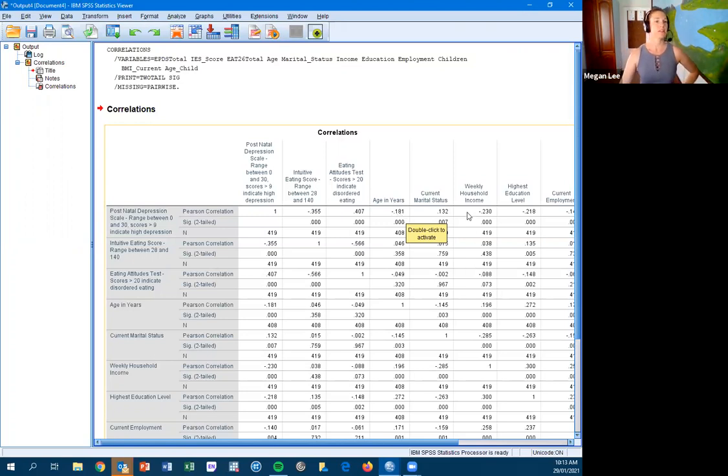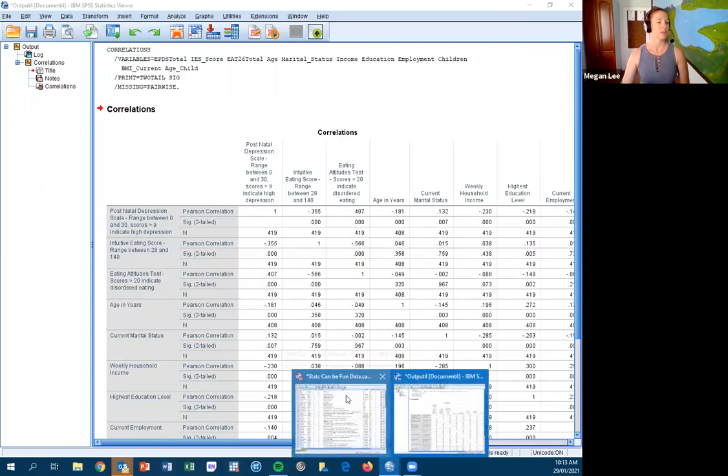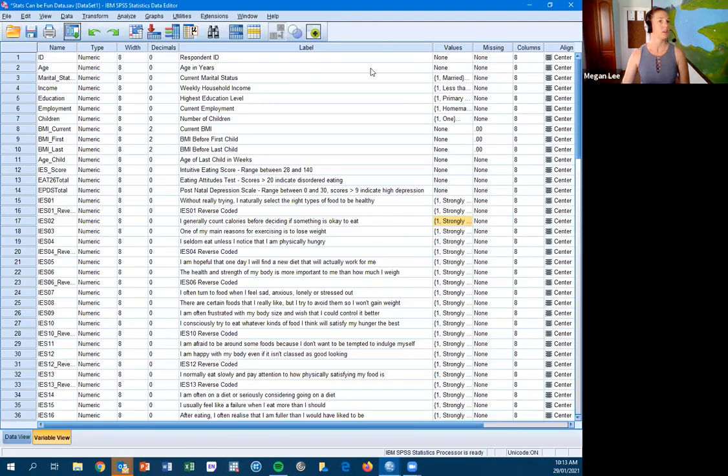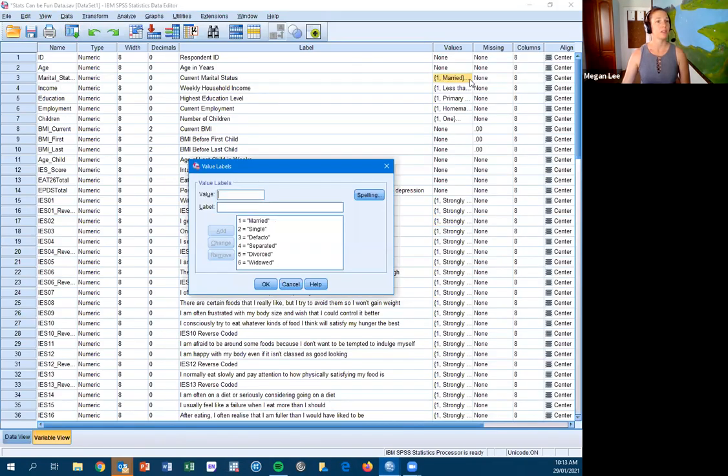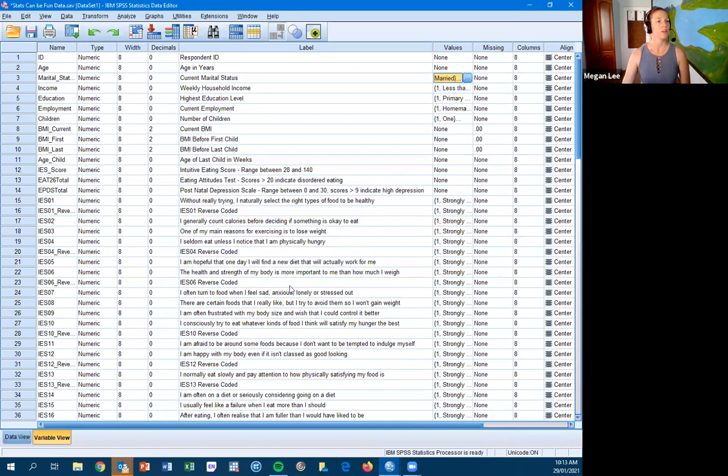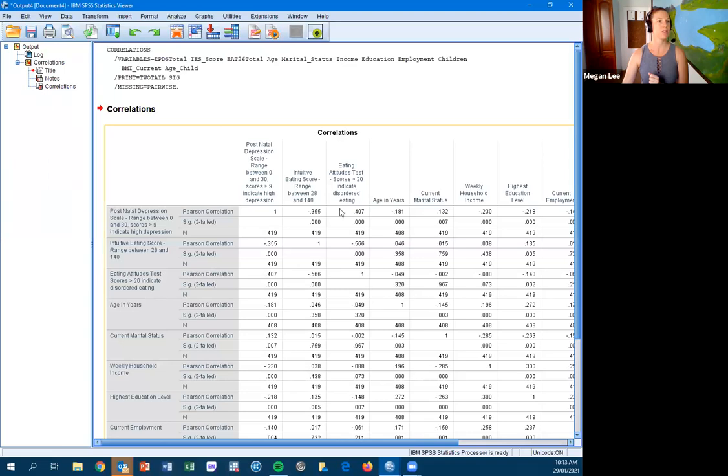So marital status. Now we have to understand how marital status was measured to understand this, so let's go have a look at that. So married, de facto, okay. So as marriage status goes from married to single, that's how we are interpreting this.